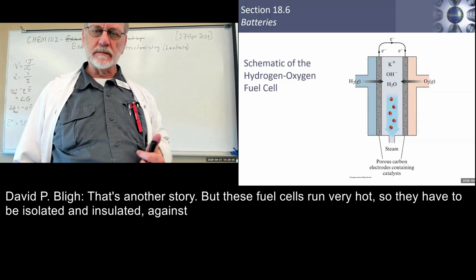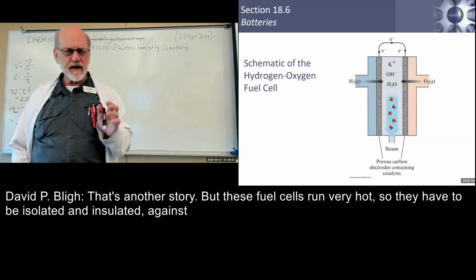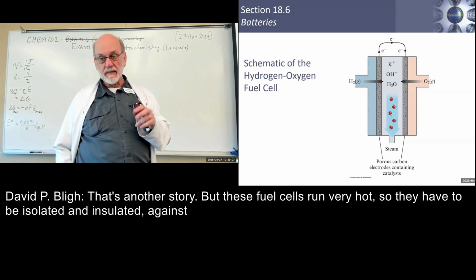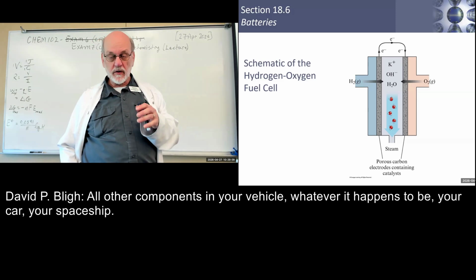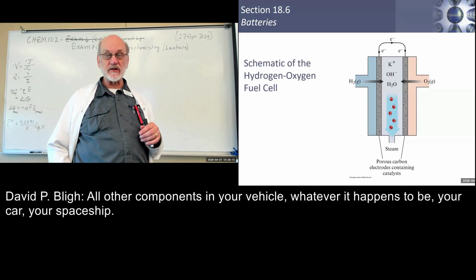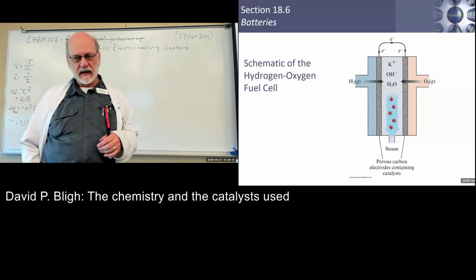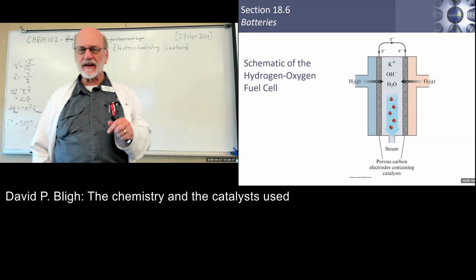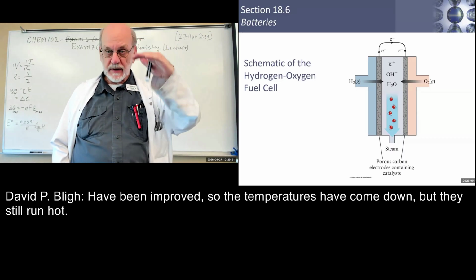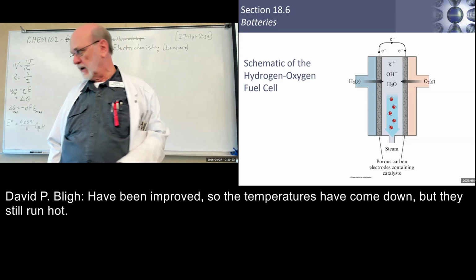That's another story. But these fuel cells run very hot. So they have to be isolated and insulated against all other components in your vehicle, whatever it happens to be, your car, your spaceship. The chemistry and the catalysts used have been improved so the temperatures have come down, but they still run hot.